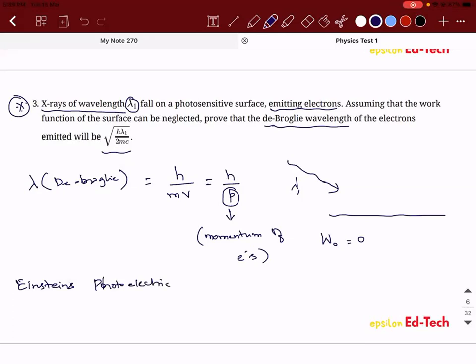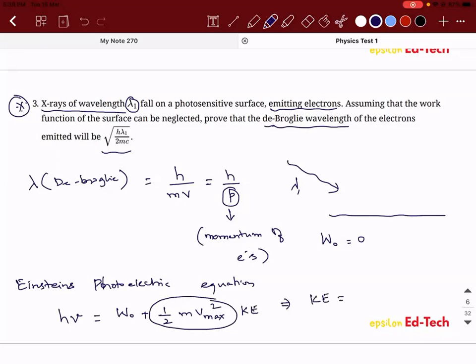h nu is equal to work function plus half m v max square. The amount of energy that you supply is utilized for overcoming the work function plus the kinetic energy. So can I write kinetic energy is equal to h nu in this case, because what is W naught?